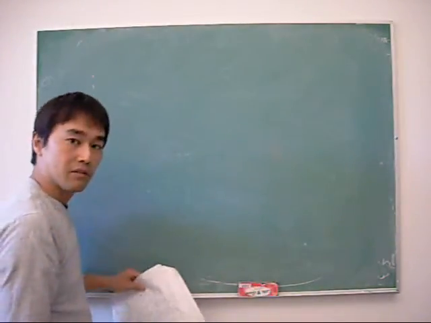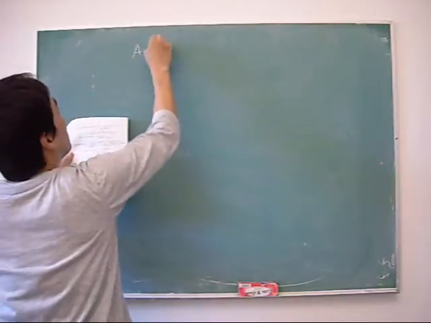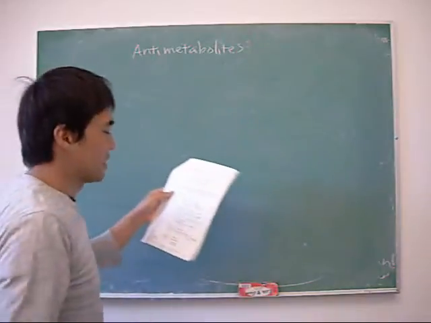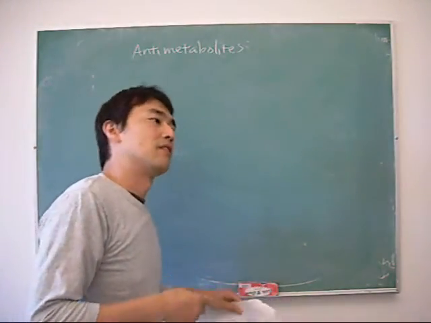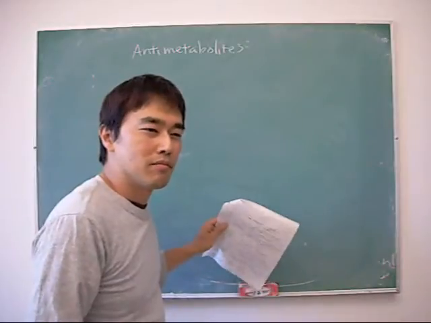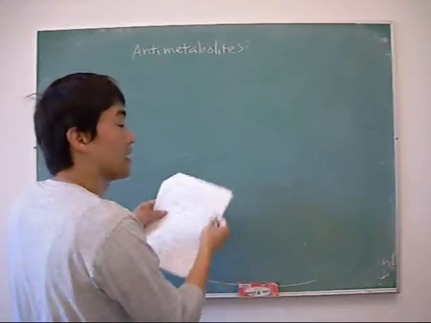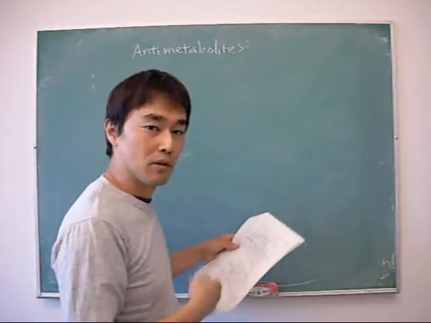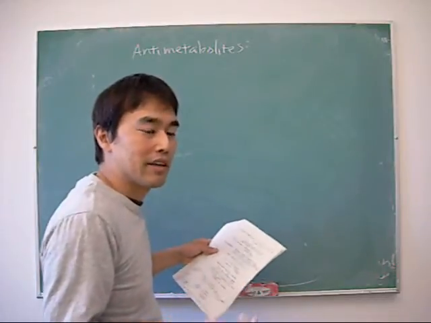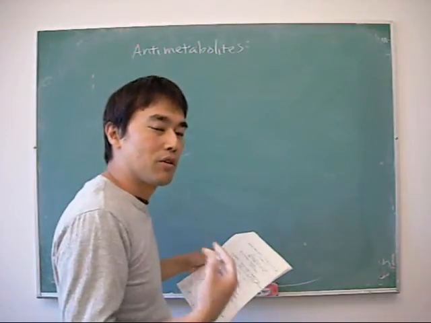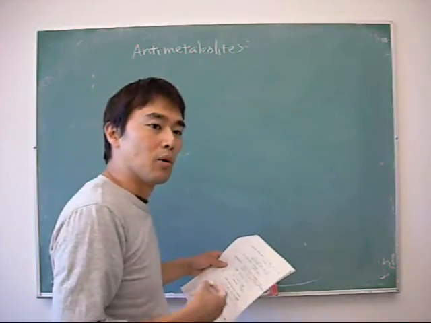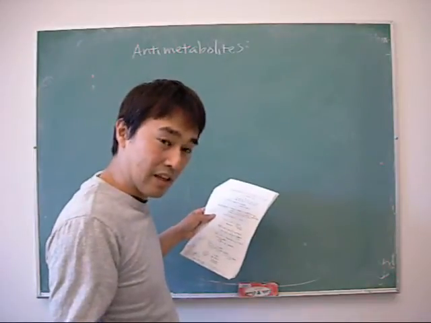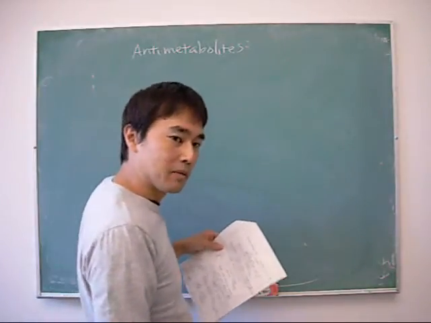Another one would be the anti-metabolite. An anti-metabolite is a structural analog of nucleic acids. For example, you have uracil, and if you have a derivative like fluorouracil, it would behave just like uracil, except it doesn't quite go through the actual metabolic process or the cell growth process, because the fluorouracil does not get transcribed or translated correctly.